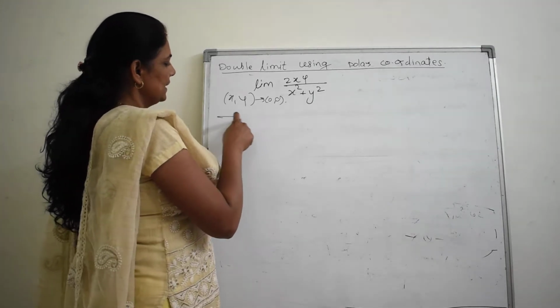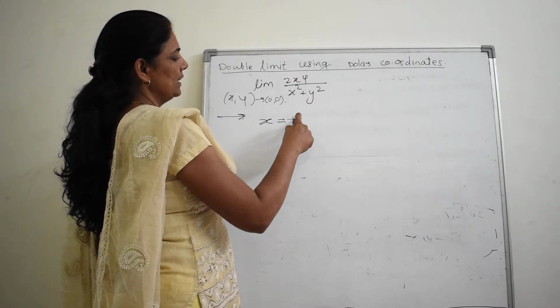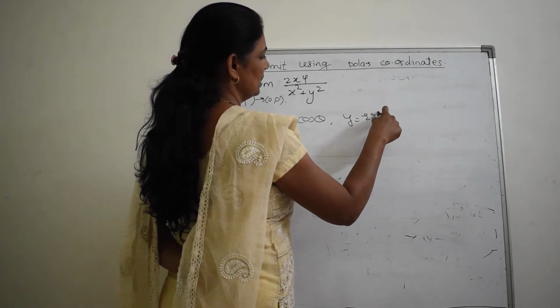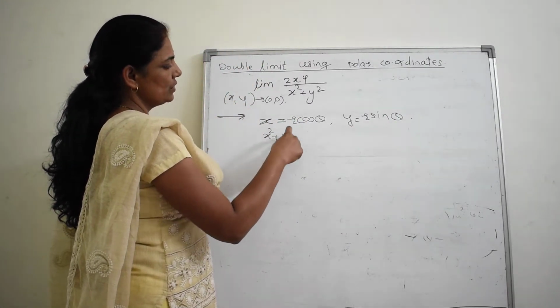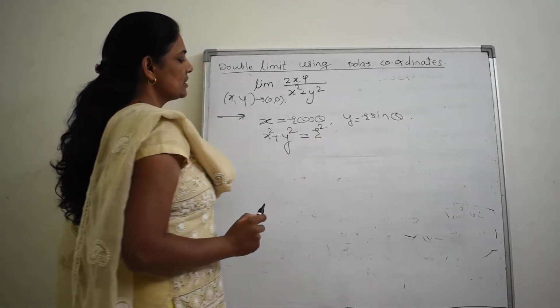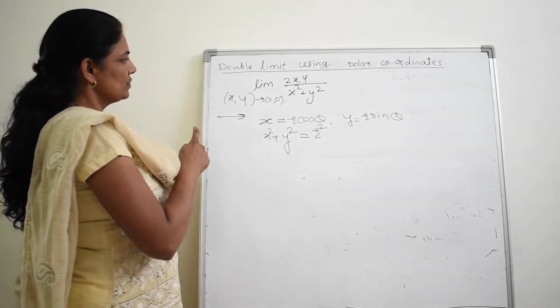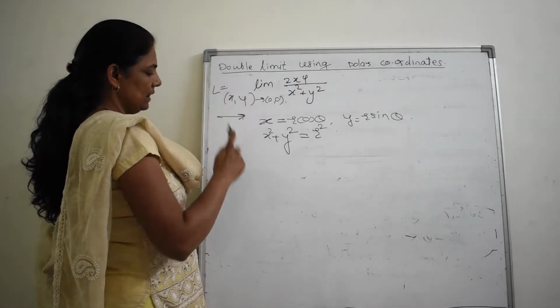For that, first write the relation between polar and Cartesian coordinates: x equals r cos theta, y equals r sin theta. If we square and add these two equations, we get x square plus y square equals r square. Suppose the given limit is denoted by L.